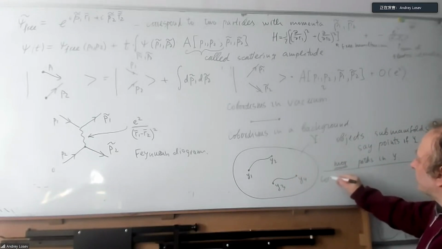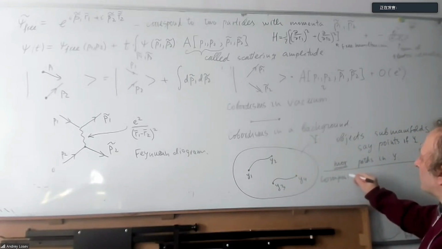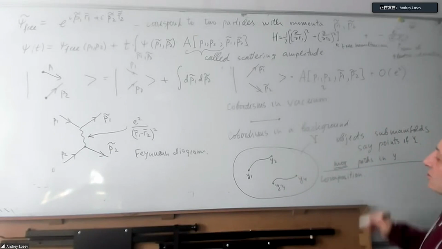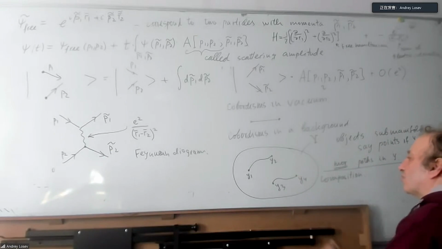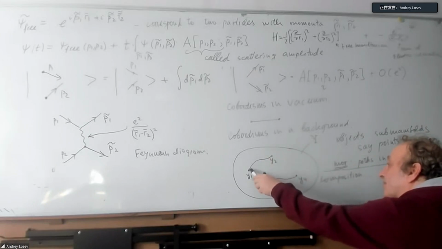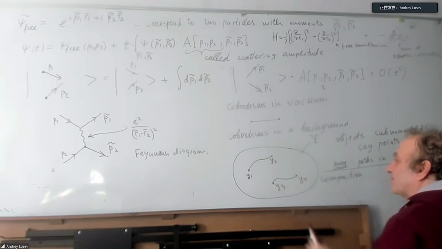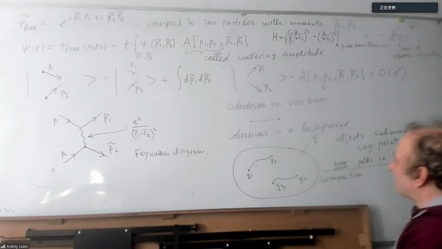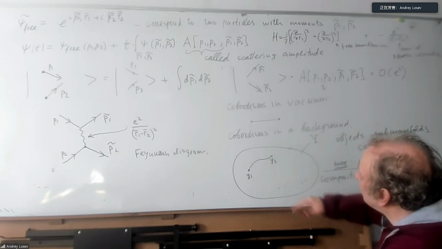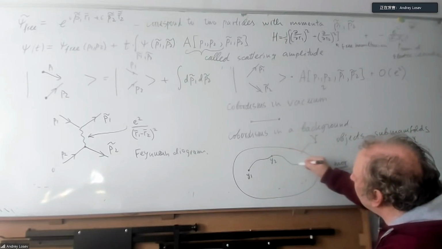Now, composition. So it makes no sense to compose this morphism with this morphism, because these objects are different. However, it makes sense to compose it this way.